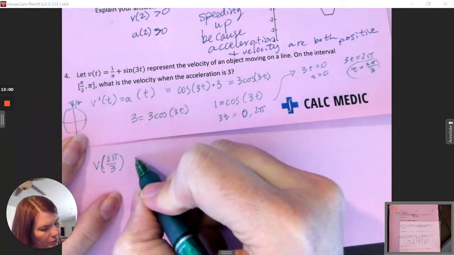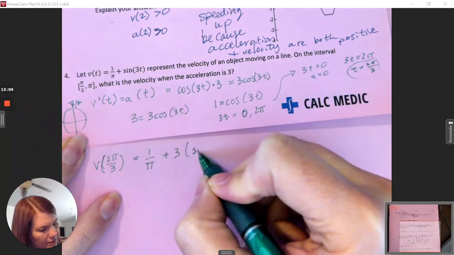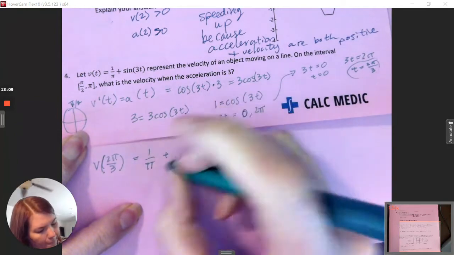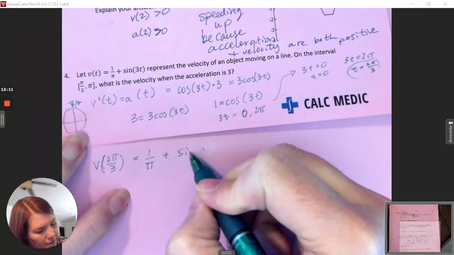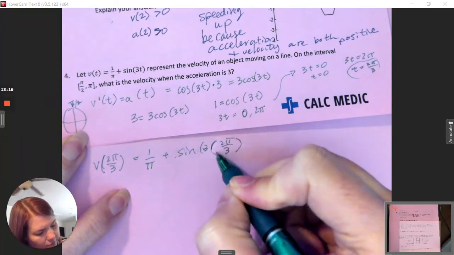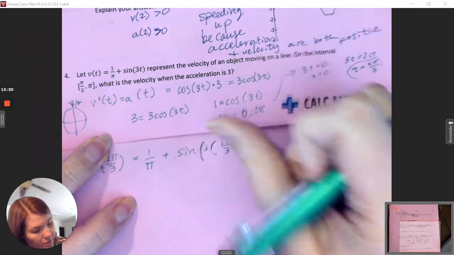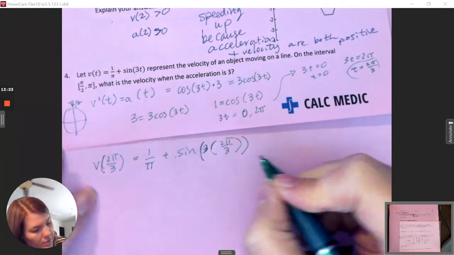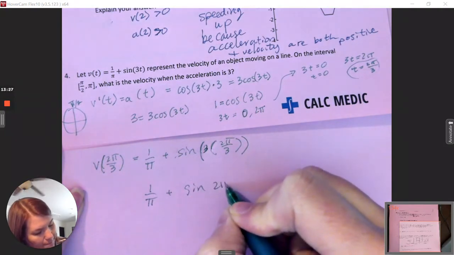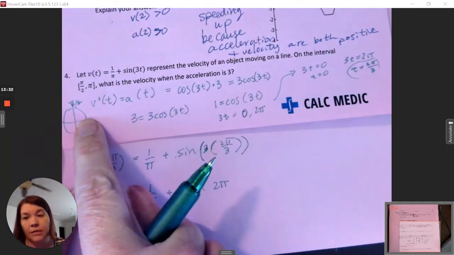And so there's my original equation, 1 over pi plus the sine of 3 times 2 pi thirds. Which means I've got 1 over pi plus the sine of 2 pi. And sine of 2 pi, we're all the way around our circle, and sine is 0.